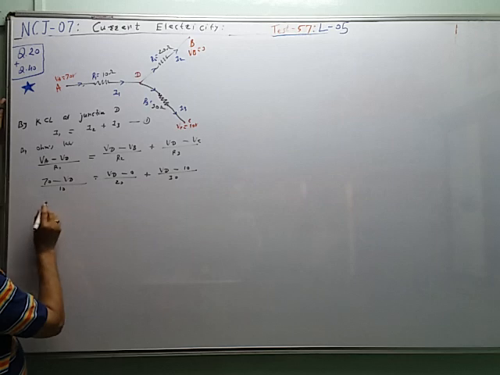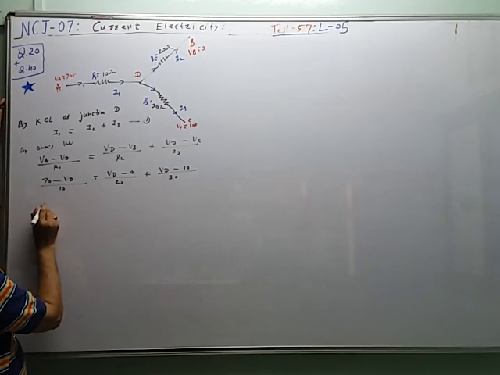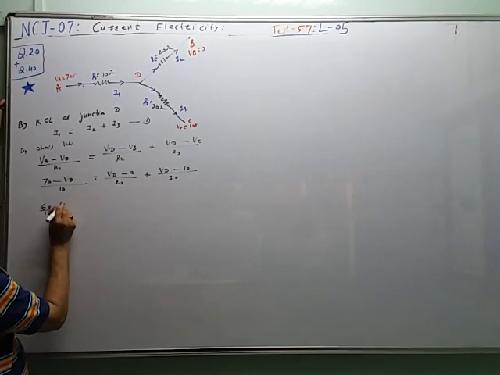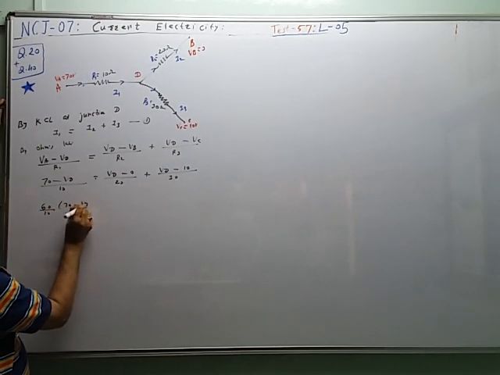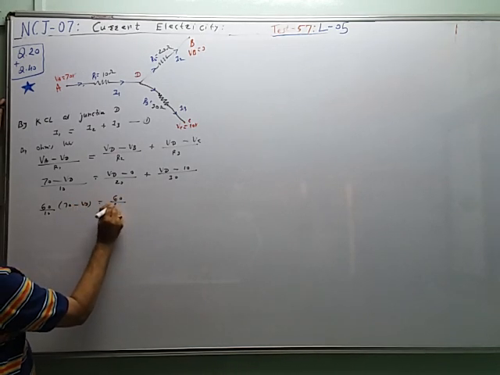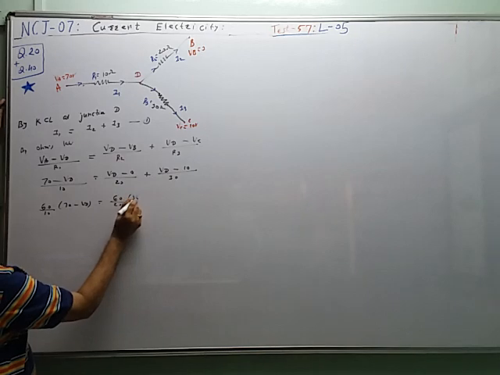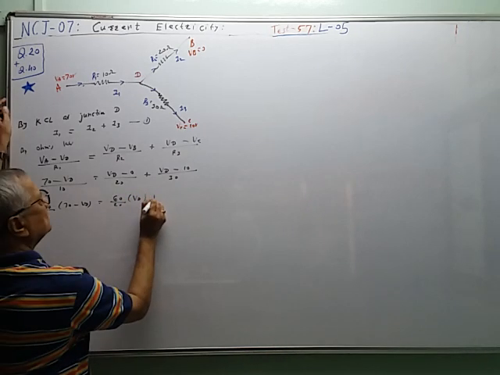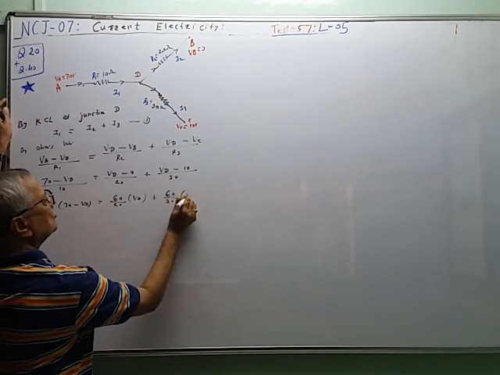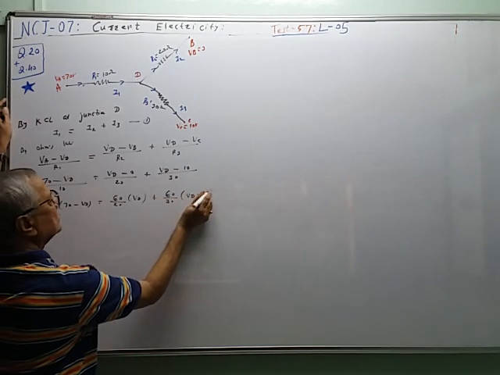So LCM is taken as 60. So 60 upon 10 into 70 minus VD, equals 60 upon 20 into VD, plus 60 upon 30 into VD minus 10.